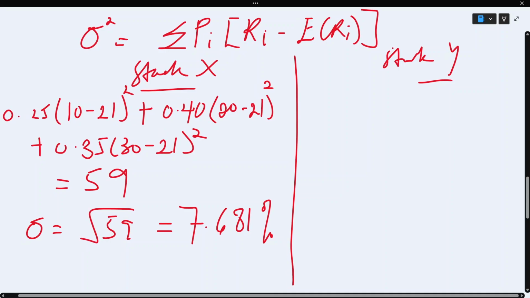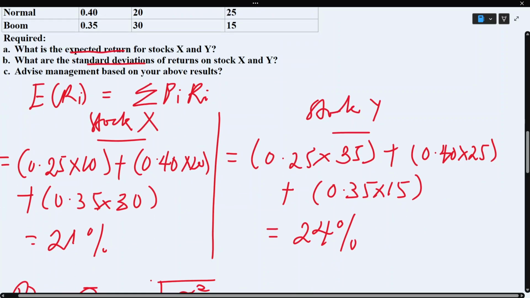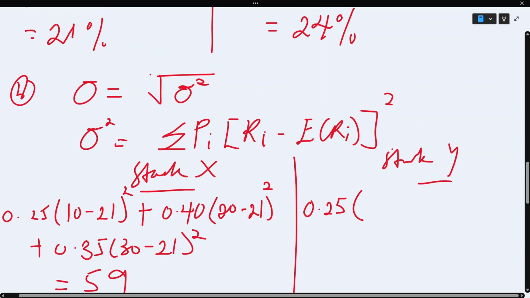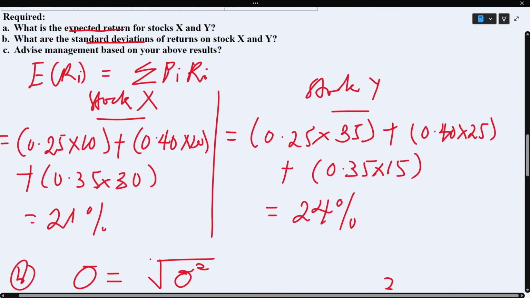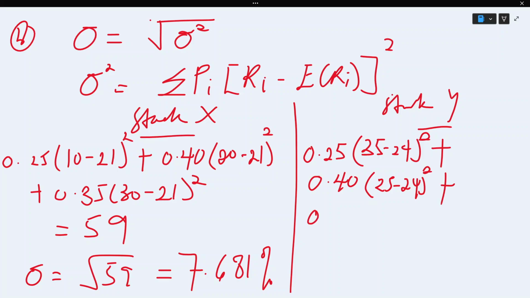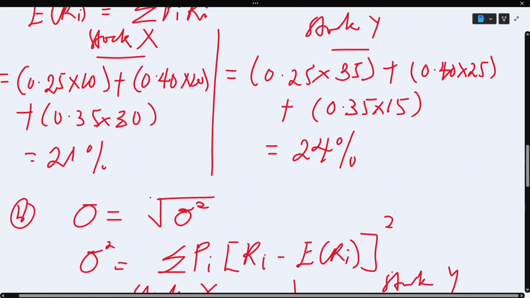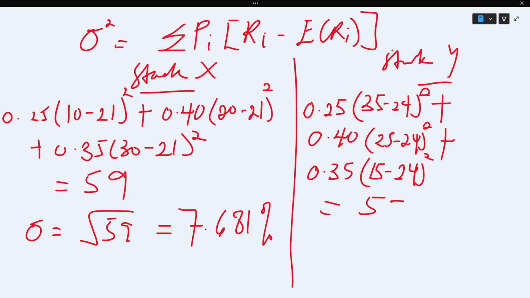Let's do the same for stock Y. Let's find the variance: 0.25 times 5 minus the expected return, which is 24, squared, plus 0.40 times 20 minus 24 squared, plus 0.35 times 35 minus 24 squared, also giving us 59.